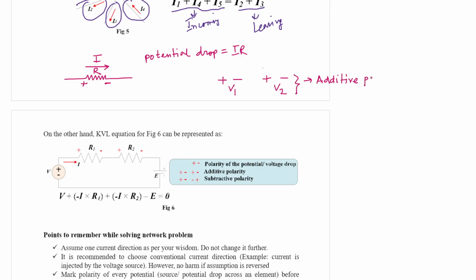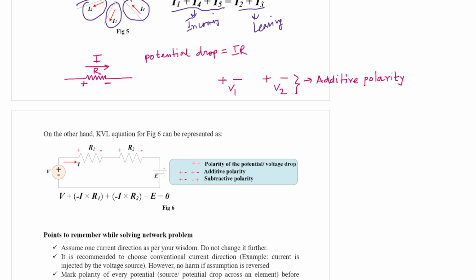They are very important to understand and to write the actual KVL equation.